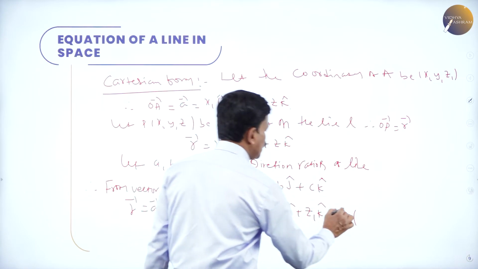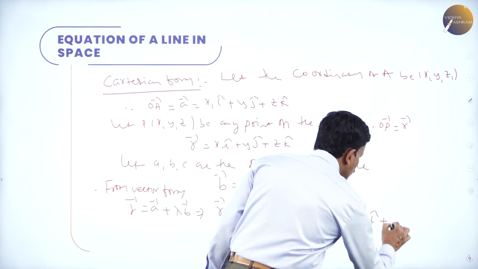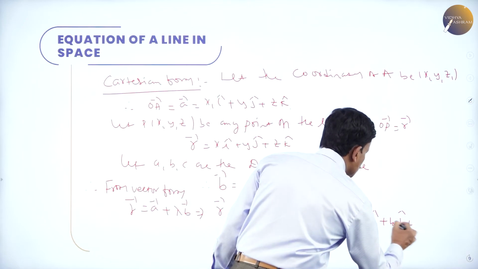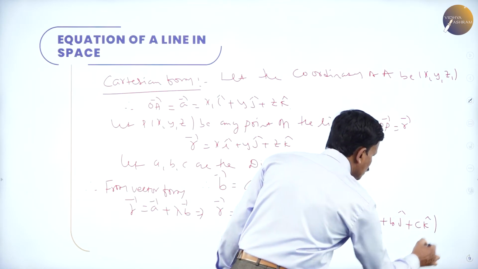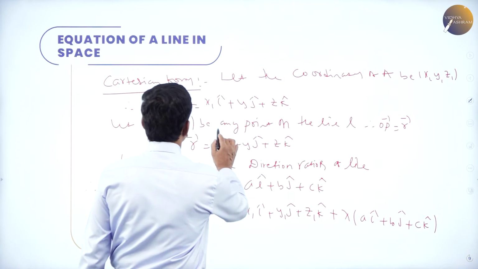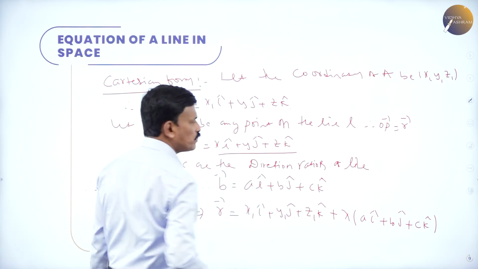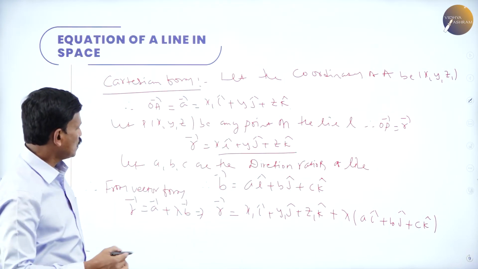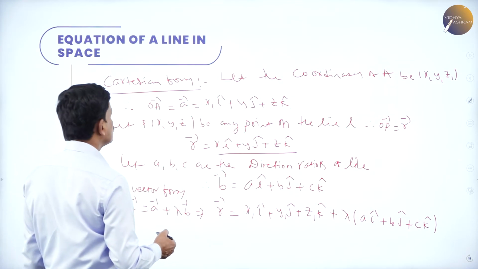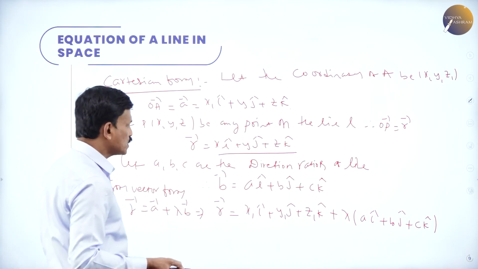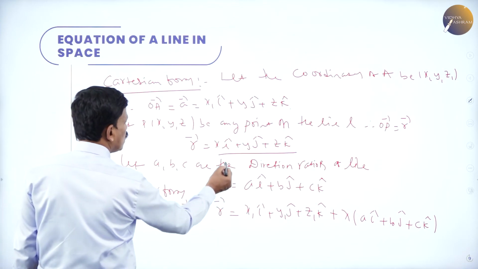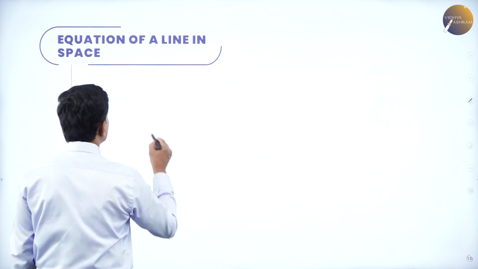What is vector b? ai + bj + ck. Now, what is r? r is nothing but xi + yj + zk. Now simplify this, you will get the answer. That's it. I will go to the next page. Therefore r = xi + yj + zk.